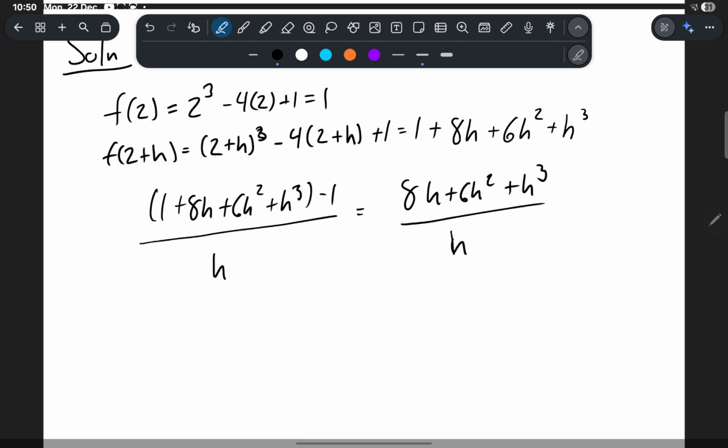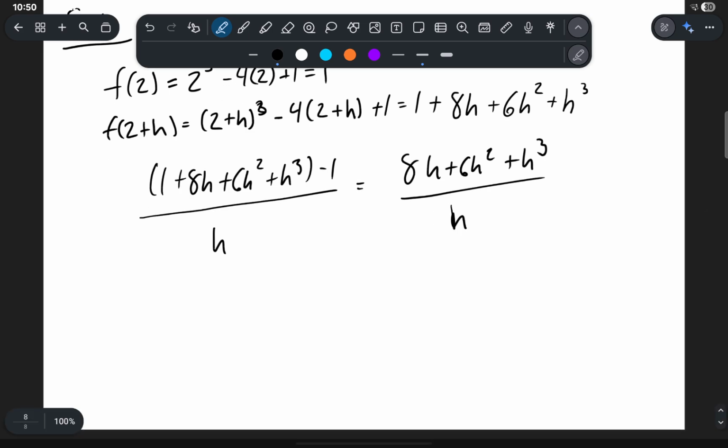Since we're approaching 0, all the h's in the equation would cancel, so you're just left with 8 plus 6h plus h squared.